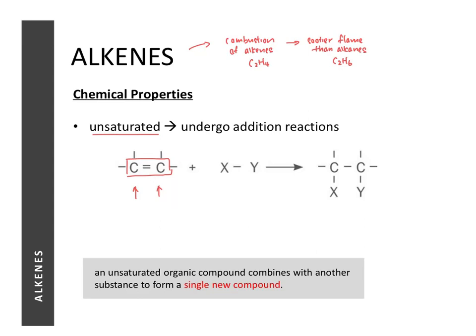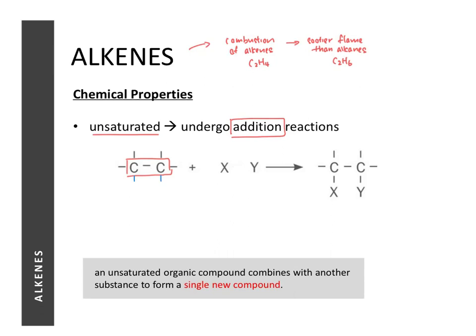So this kind of reaction, we call it an addition reaction. What is happening is this. In an addition reaction, the first thing that will happen is that one of the bonds in your double bond is broken, and the bond in your reactant is broken. Once one of the bonds in the carbon-carbon double bond is broken, each carbon atom can form one more bond.